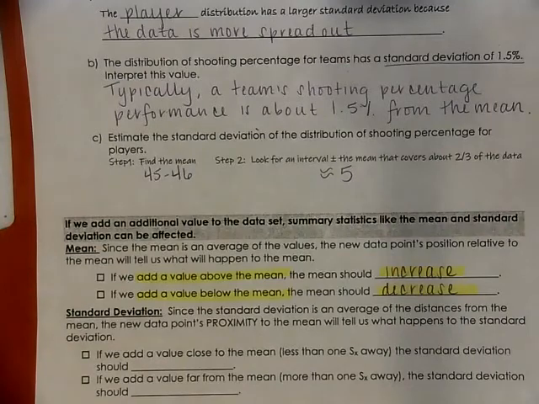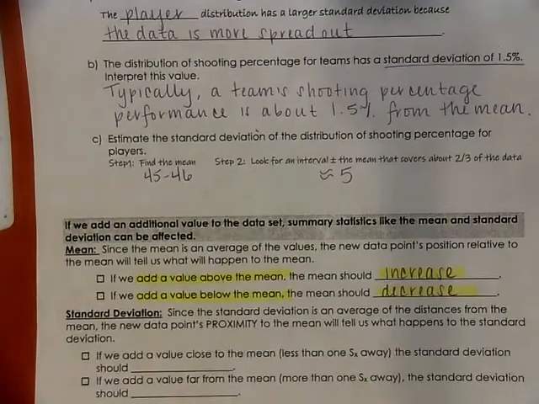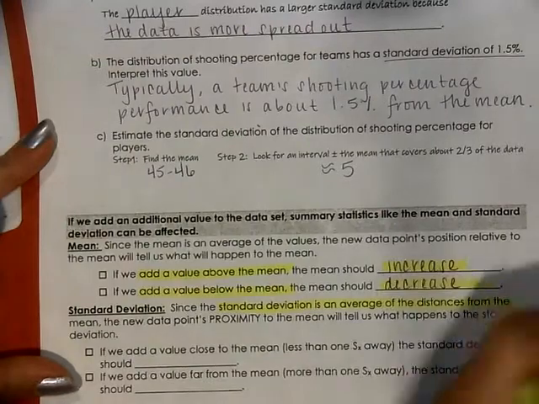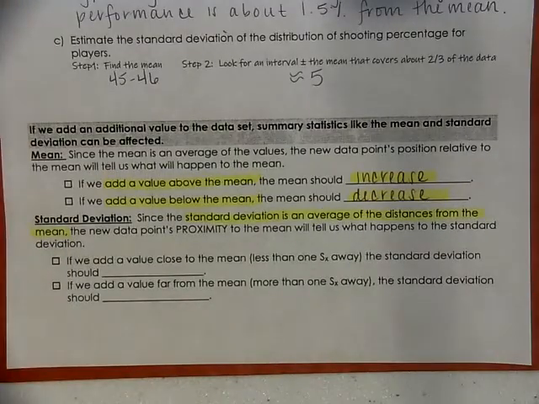Now, let's take a look at standard deviation. Since the standard deviation is an average of the distances from the mean, okay, so maybe I'll highlight that because I think we're still getting used to that term, standard deviation. The new data point's proximity to the mean will tell us what happens to the standard deviation.